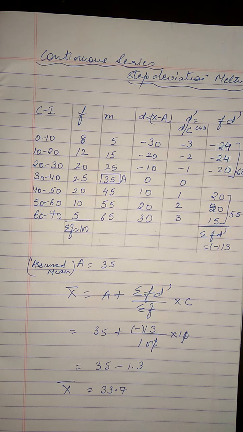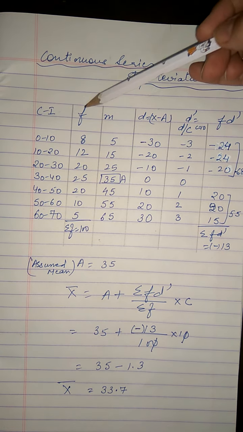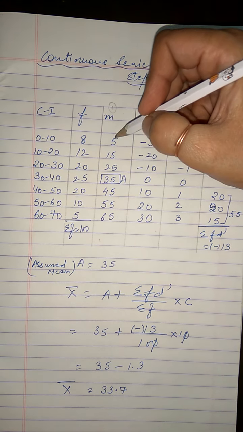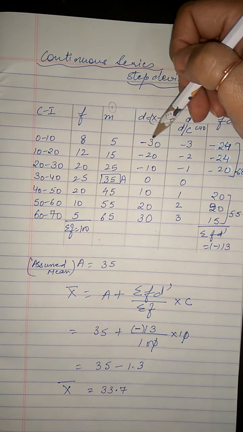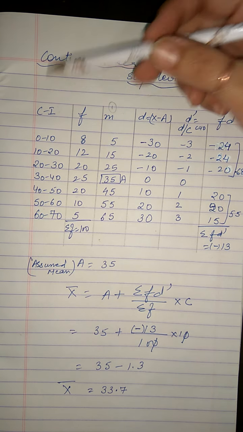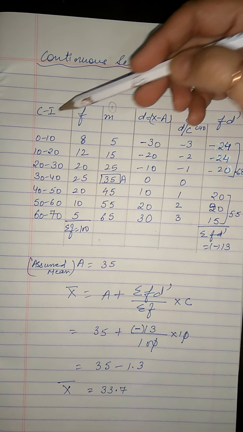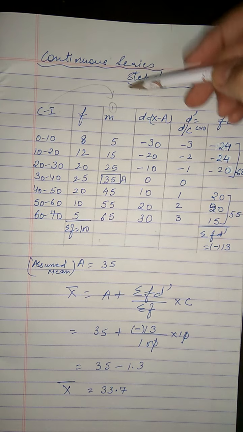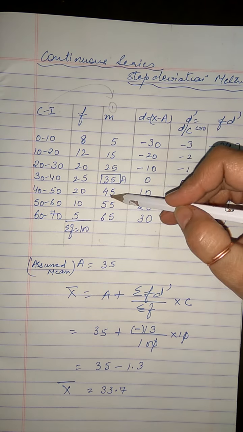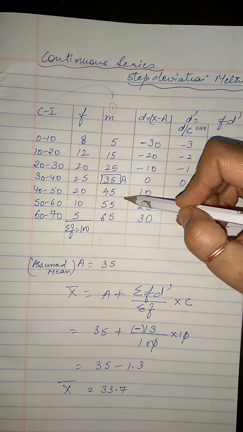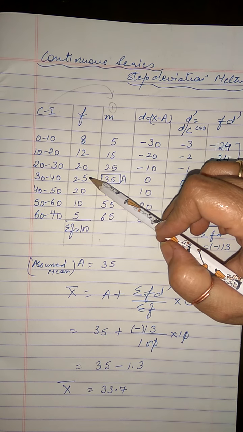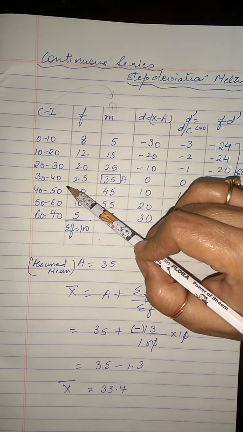Next, continuous series. In continuous series, class intervals are given, frequency is given. The first step is to find midpoint. If you don't find the midpoints, your sum will be wrong. So in class interval, before finding mean, we have to convert this class interval into midpoints and assumed mean is always taken among the midpoints, not the frequency, because frequency just shows the number of terms in a particular class.